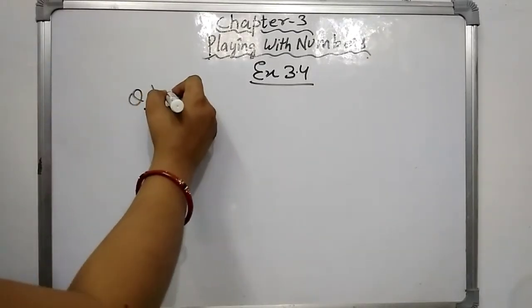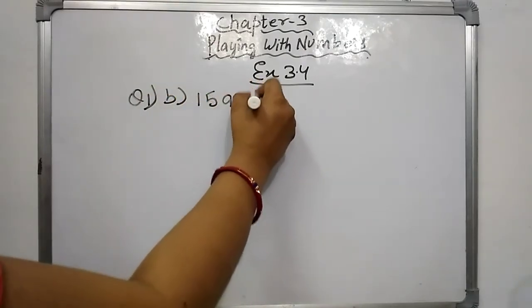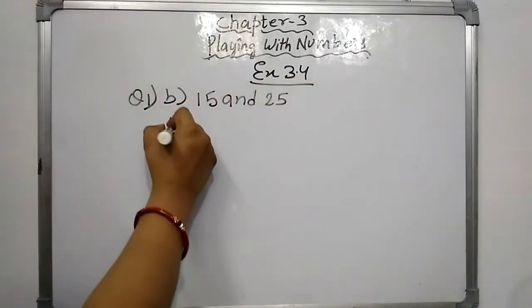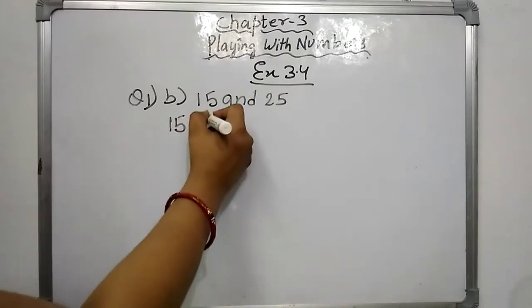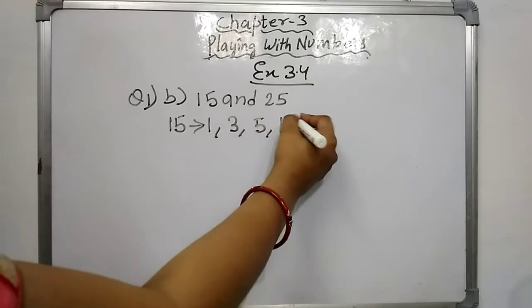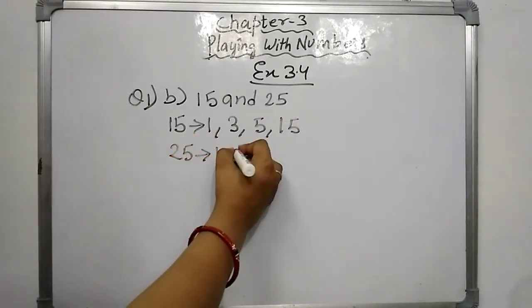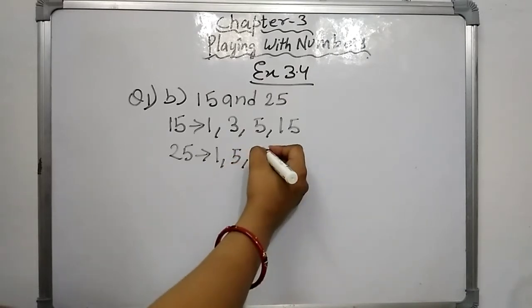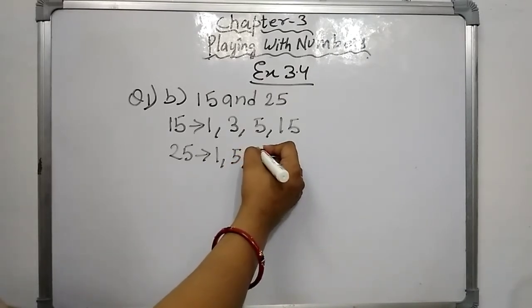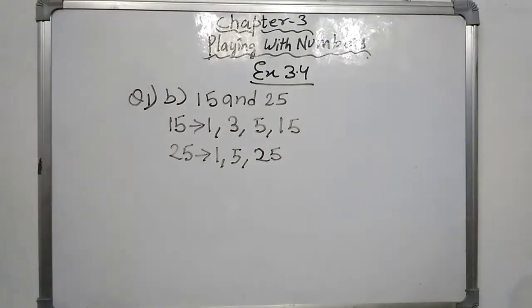Let's do B and C part also. 15 and 25. So factors of 15, number 1, 3, 5 and 15. Factors of 25, 1, 5 and 25.